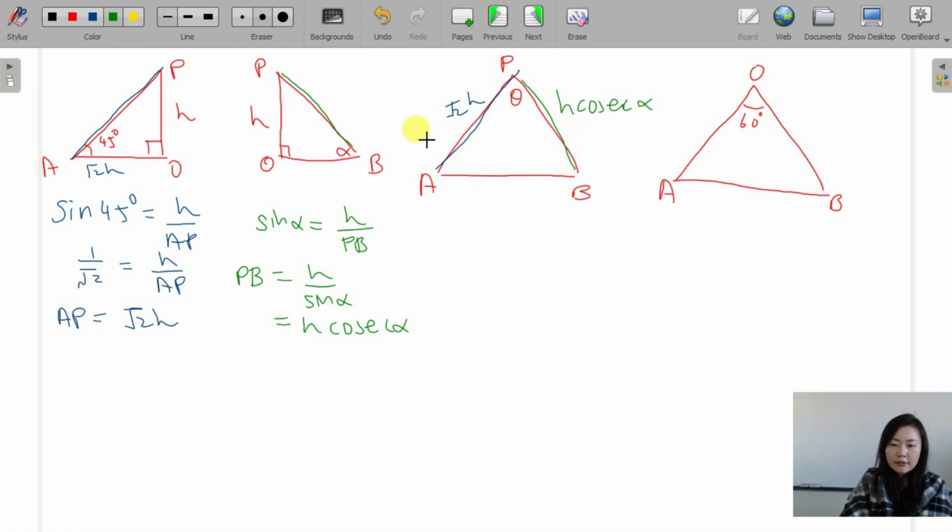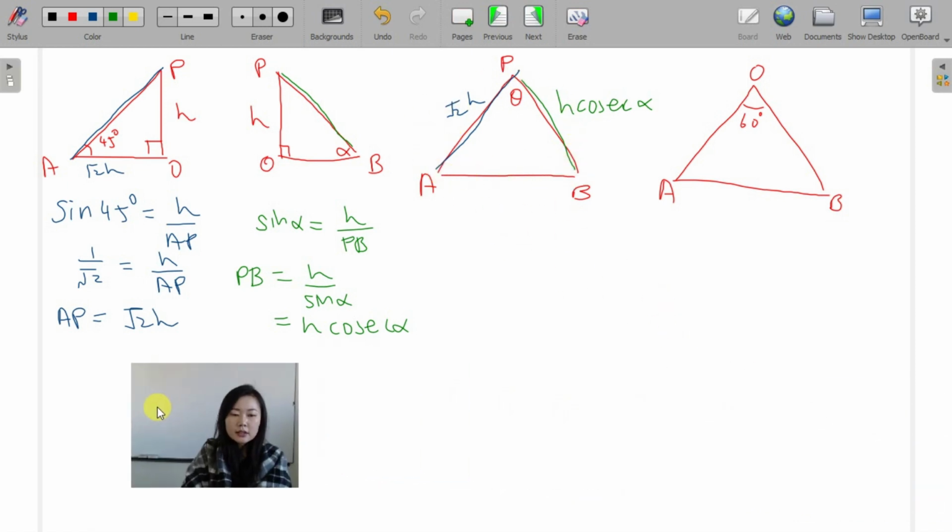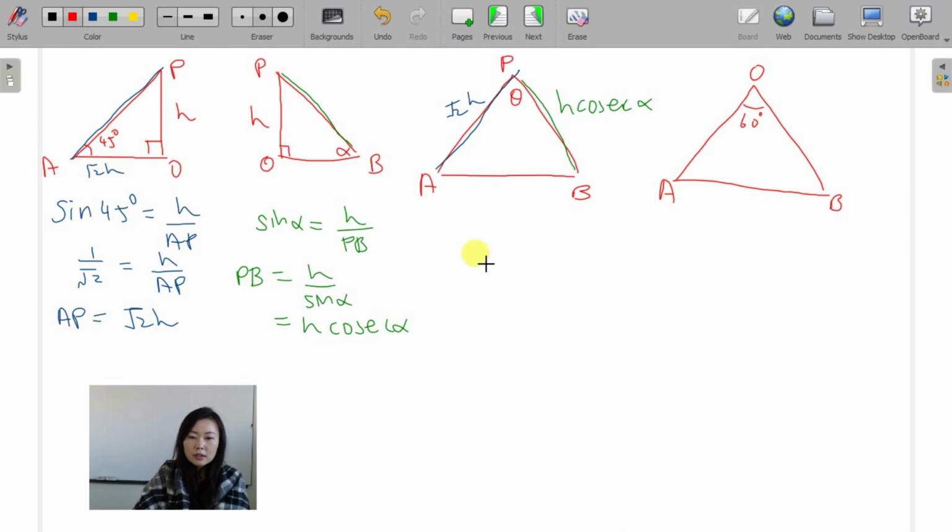So I'm going to link everything together using the cosine rule. A squared equals B squared plus C squared minus 2BC cos A. So remember, A is that side, the side opposite the angle.